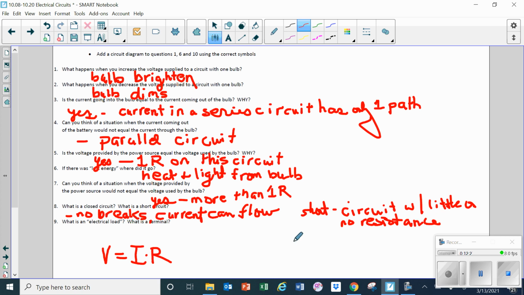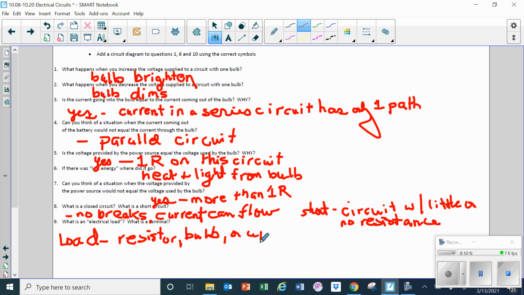And then the electrical load. What is the electrical load? Well, the electrical load is the appliance. The load is the resistor, bulb, or appliance on the circuit.